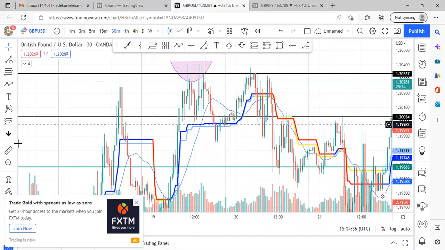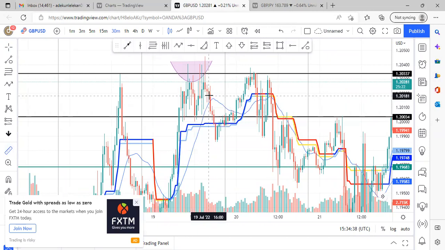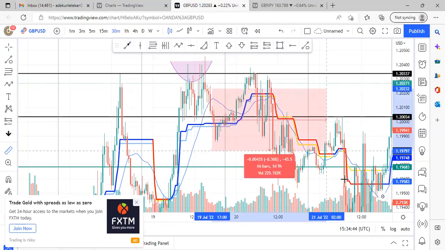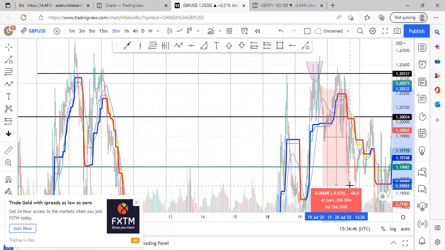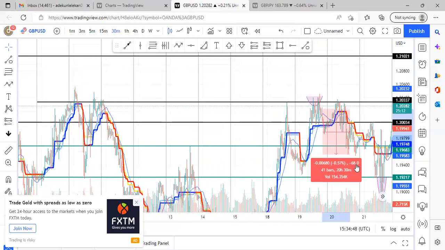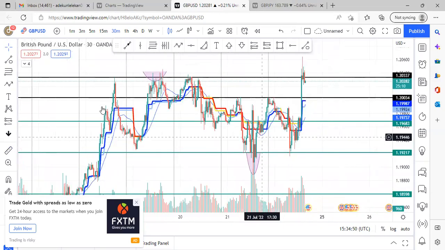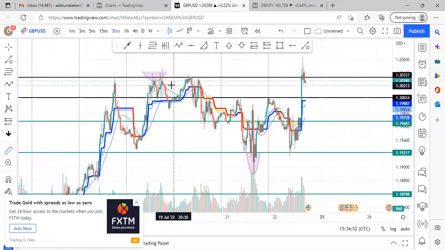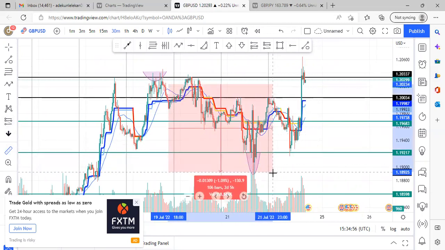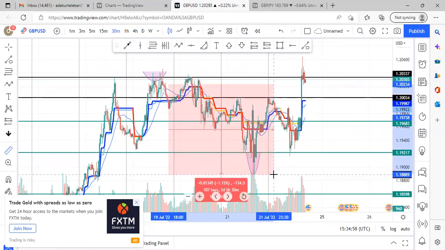And if you are a long time trader, just imagine the pips you would have caught in the market from this shooting star all the way down. That's 134 pips.